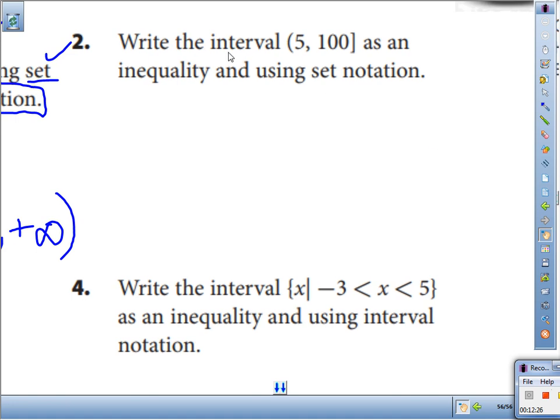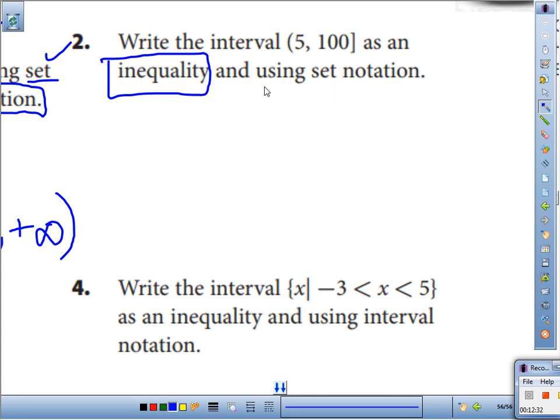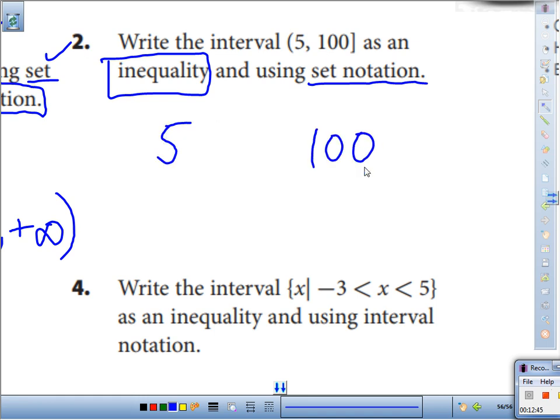It says, write the interval (5, 100] as an inequality and also using set notation. Two things. First, the inequality. This one does have 2 dividing points. So the first one is 5 and the second one is 100. That means there has to be a variable in between. What is that variable? x. And let's see.